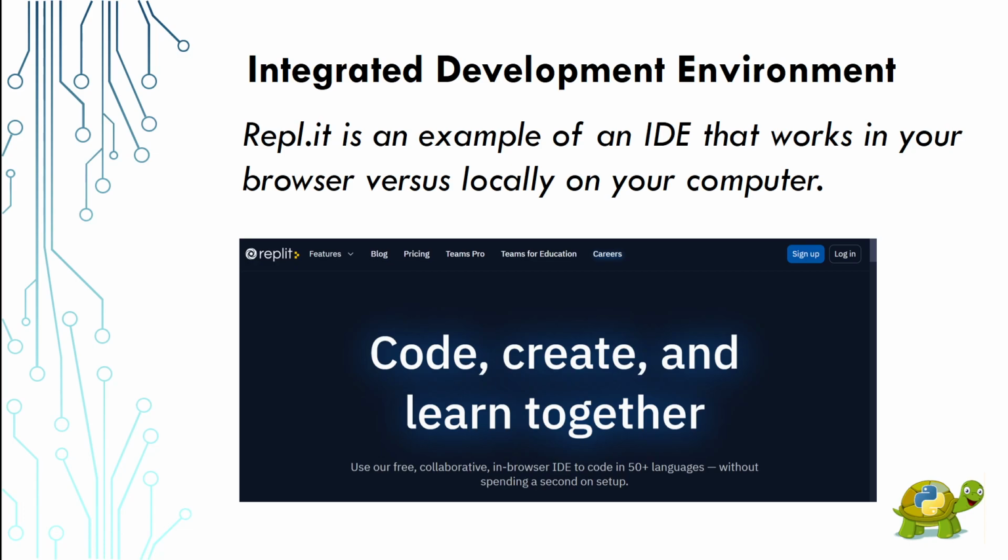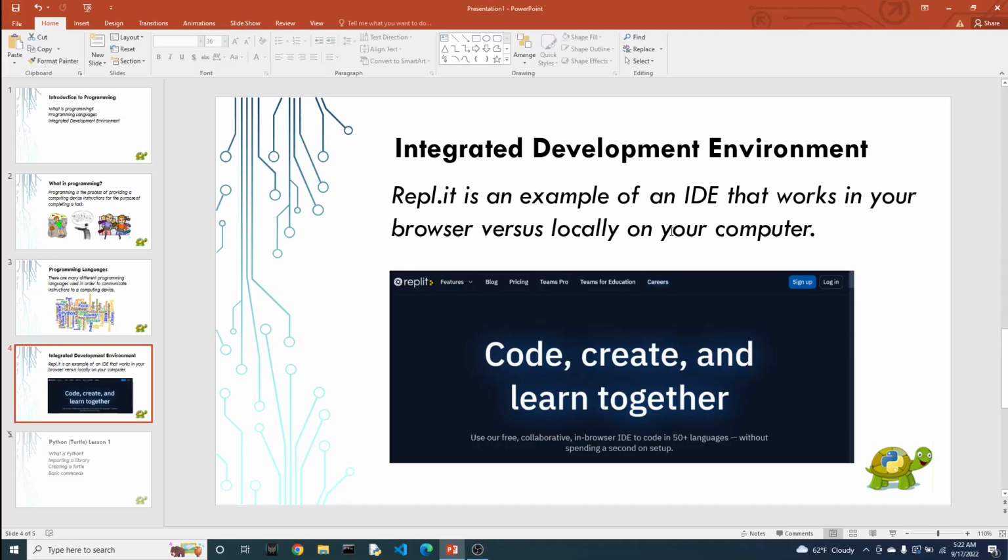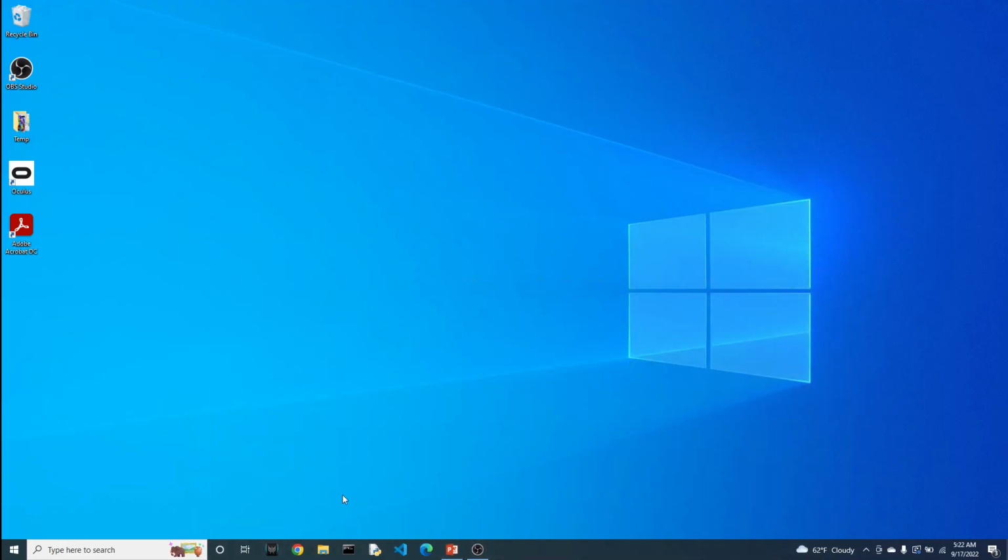Again, there's so many things being moved online. So in this video, we're going to demonstrate a website called Replit, which does exactly that. It gives us an environment where we can write programs online. So for this, I'm going to switch over to my computer and let me demonstrate that to you.